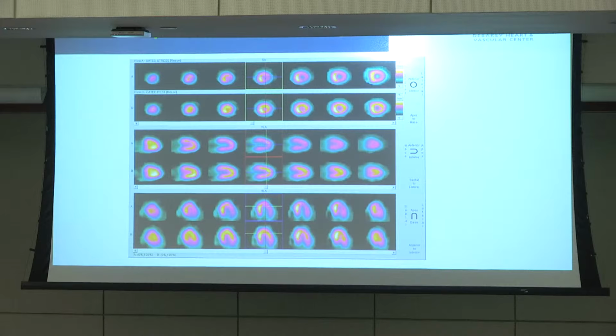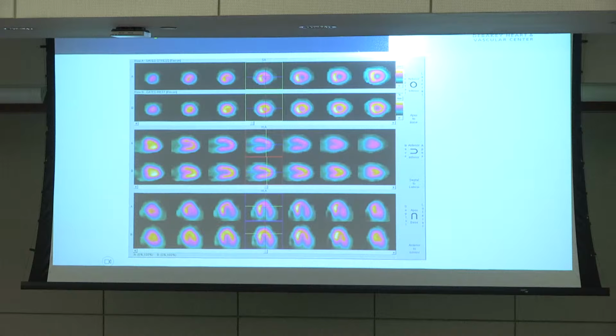Obviously when we look at this, we look at 17 segments when we try to interpret them. The regular or standard projection of these images has stress on top and rest on the lower end, and then you try to look at whether there is homogeneous uptake of the radiotracer in stress and rest imaging.